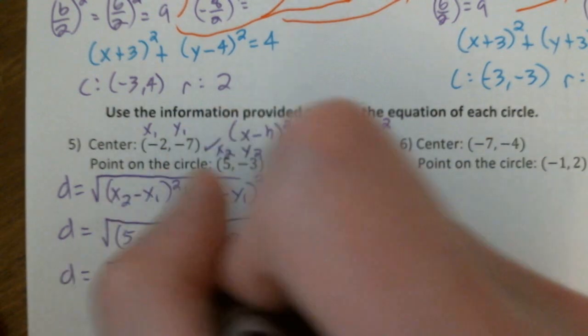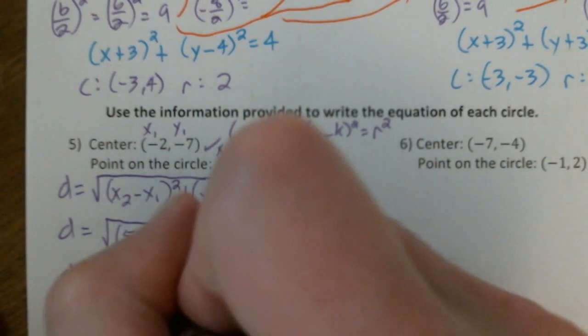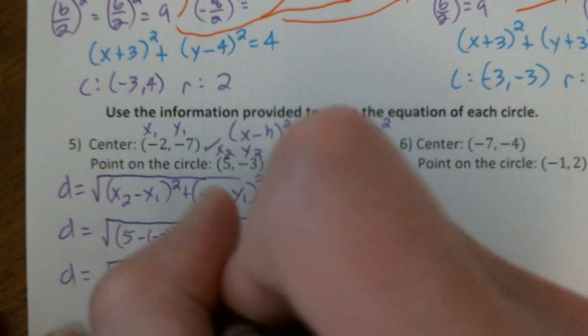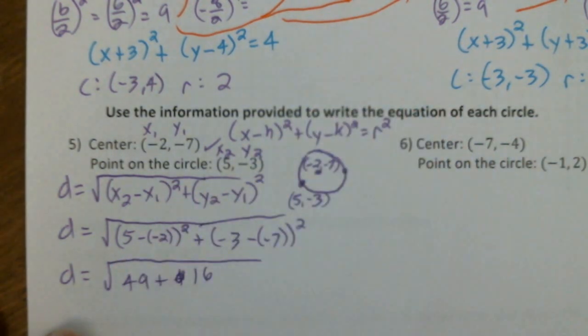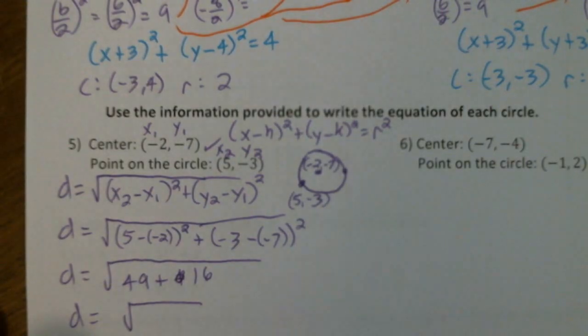So this is going to be the square root of 5 plus 2 squared, which is 49, and we've got -3, that's going to make that a plus 7. -3 plus 7 is 4, so plus 4 squared, which is 16. Okay, so the distance is the square root of 49 plus 16, which is 65.